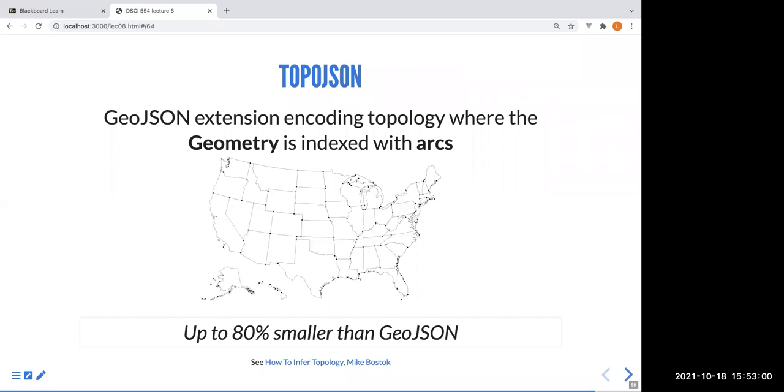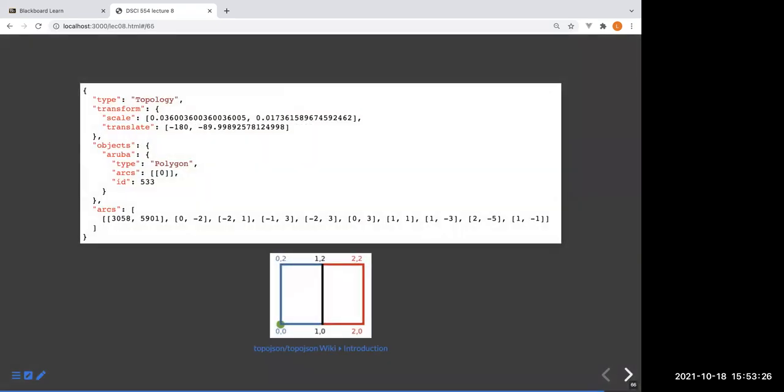It encodes the fact that you have these redundant boundaries, and you make sure that they only appear once in the file, which allows you to cut the file size by almost a factor of 10. How this works, you can guess. If you have a boundary, you only encode it once, and these boundaries are what Mike Bostock calls arcs.